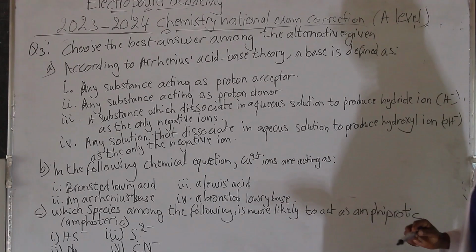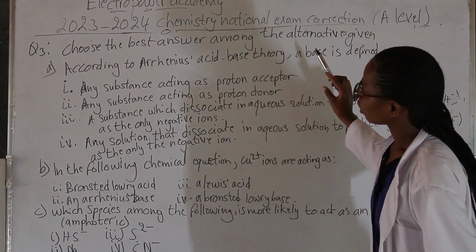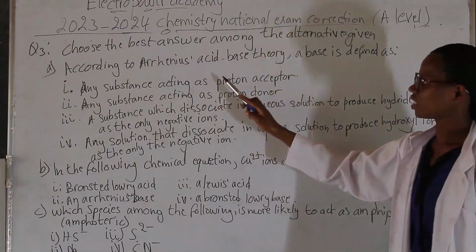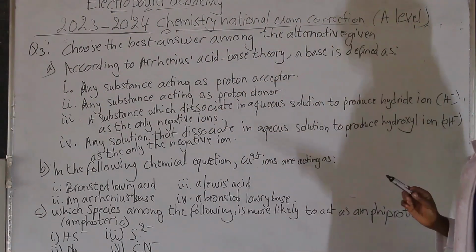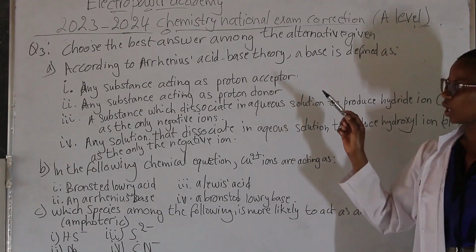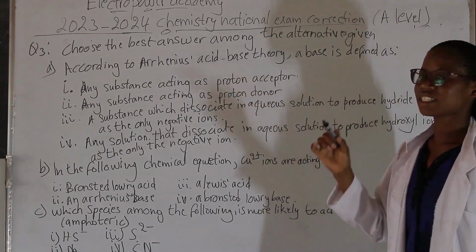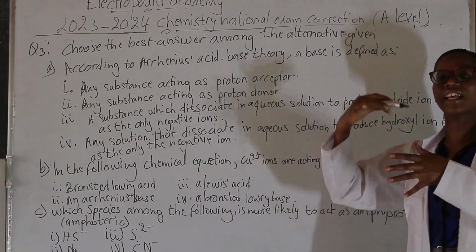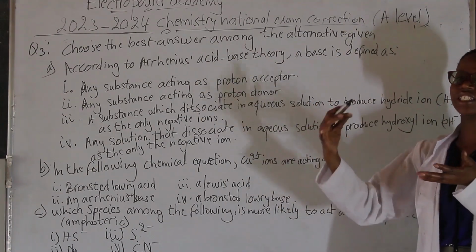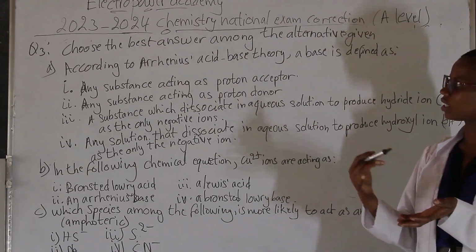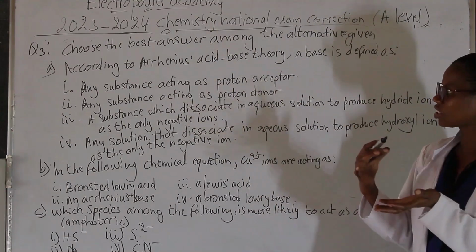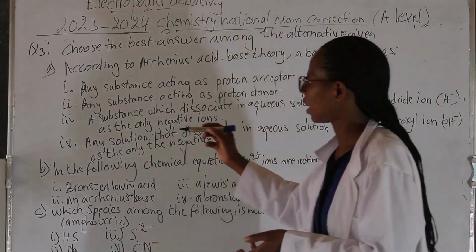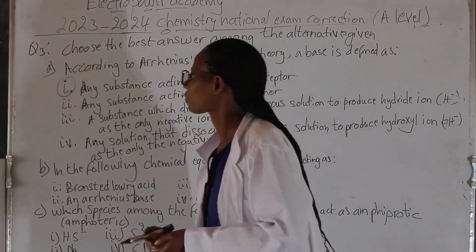The correct answer is I, any substance acting as proton acceptor. Remember, an acid is electron deficient, it is missing electrons, where it can accept a proton from another substance. That's why the correct answer is I.